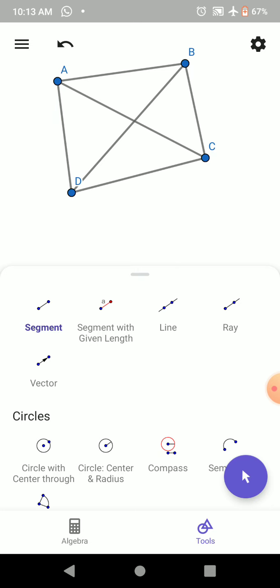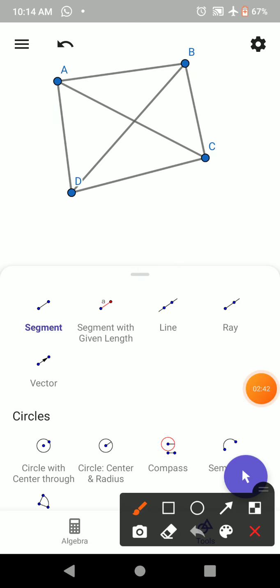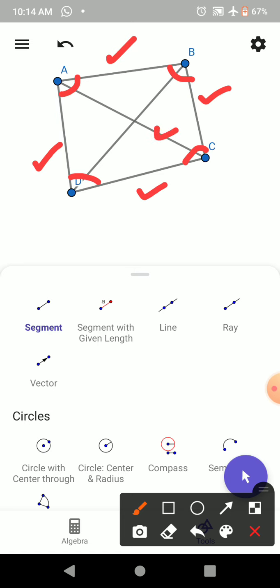So this is a quadrilateral, and as you can see, there are a total of 10 components in a quadrilateral. How 10 components? 4 sides: AB, BC, CD and DA. Then 4 angles: angle A, angle B, angle C and angle D. And 2 diagonals, AC and BD.